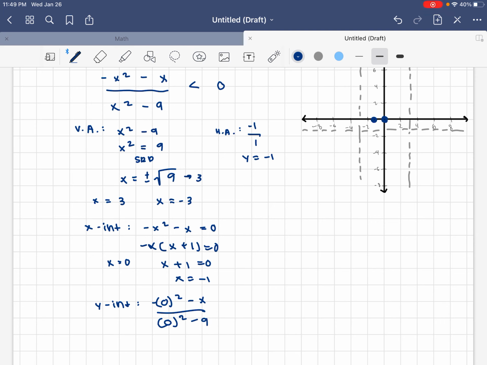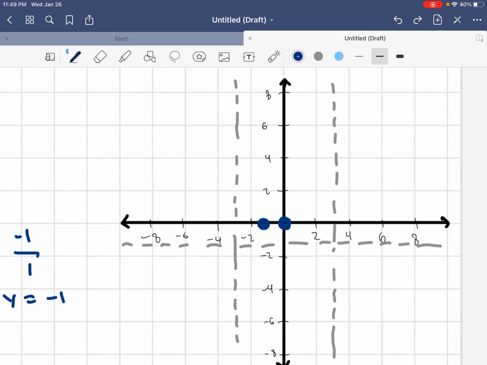And when you do that, you will get 0 because, oh wait, hold on, I forgot a 0. There we go. So 0 on the top just equals 0. So our y-intercept is 0, which we already have plotted, so we don't need to worry about that. So now we have enough information to graph.